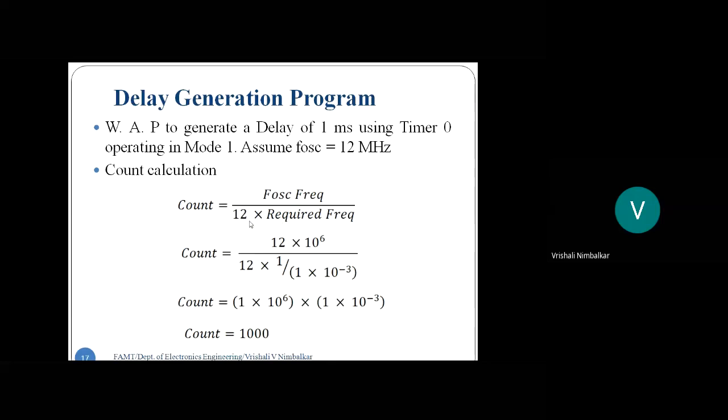The very first thing we need to do is find the actual count that should be loaded in the count registers, so that if the oscillator connected is 12 megahertz, we get a delay of 1 millisecond using the timer program. So we first did the count calculation.